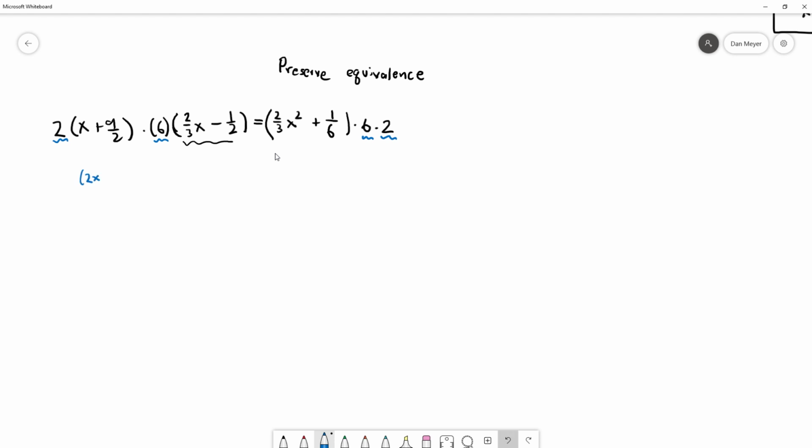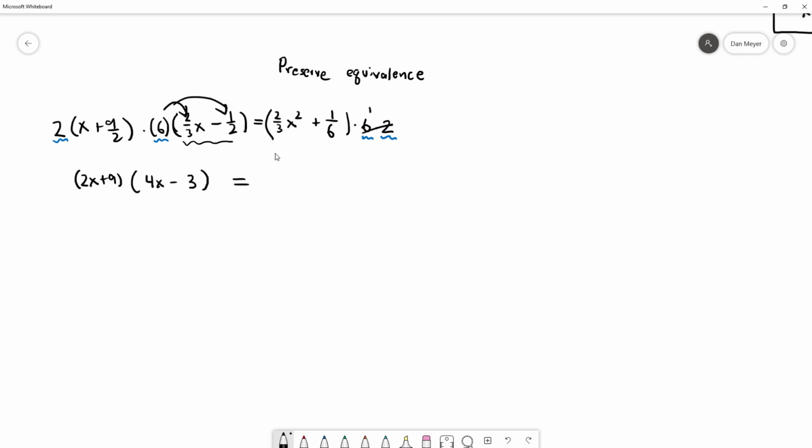Ooh, I want to switch back to black. I have 2x plus 9. When I distribute the 6 through, if you need to take more steps to see this, when I distribute the 6 through, I have 4x minus 3.